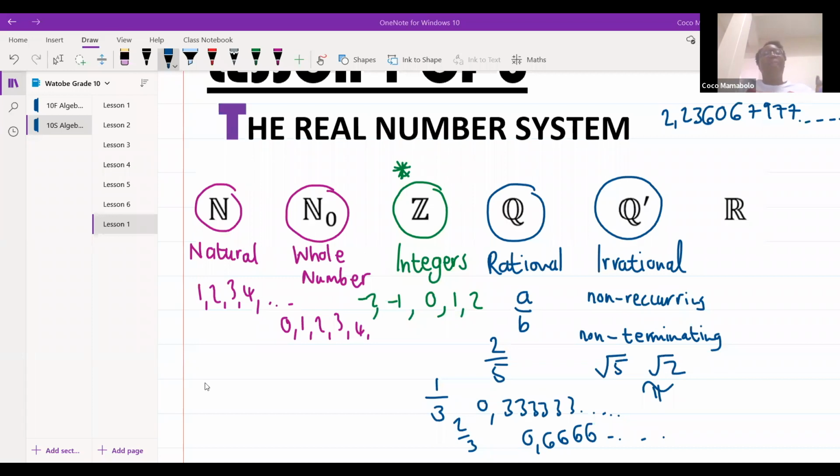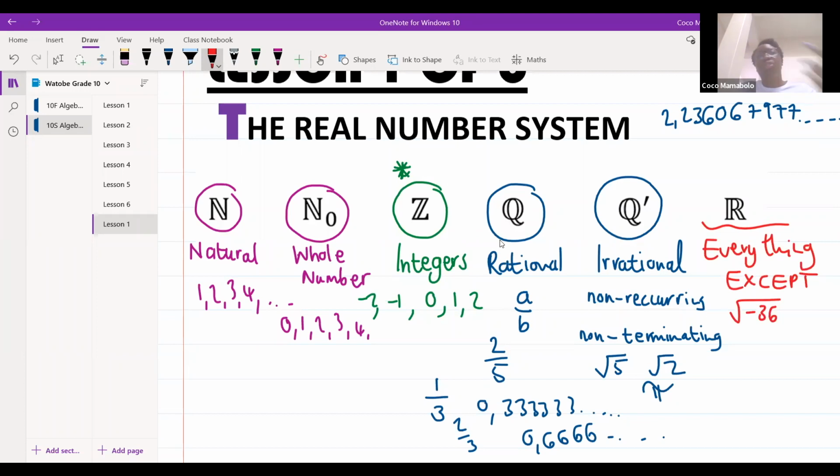Okay, now I'm glad everybody's got their thumbs up. We understand how these numbers work. Now, your real numbers is just going to be everything that we've just learned about, everything put together: your natural, whole, integers, rational, and irrational numbers. Everything except the square root or the even root of a negative number.